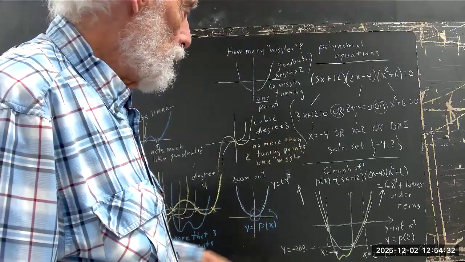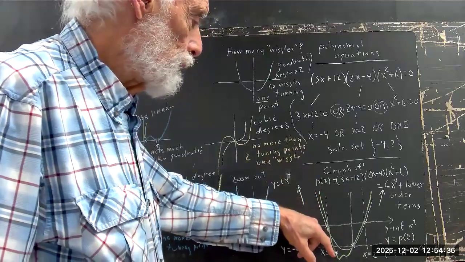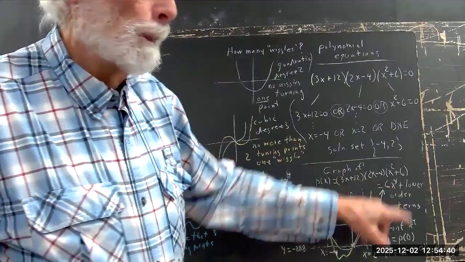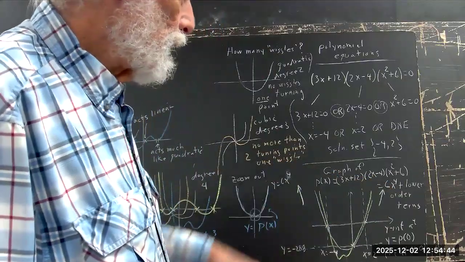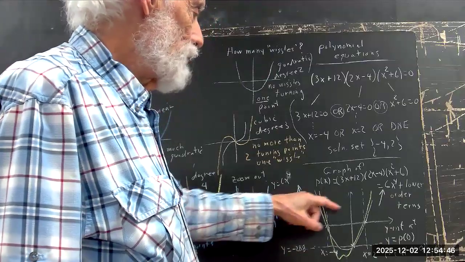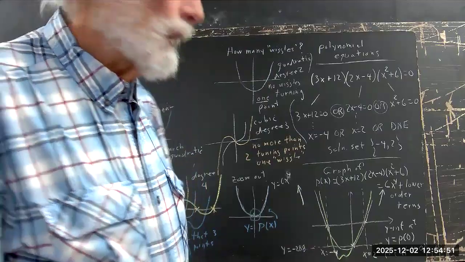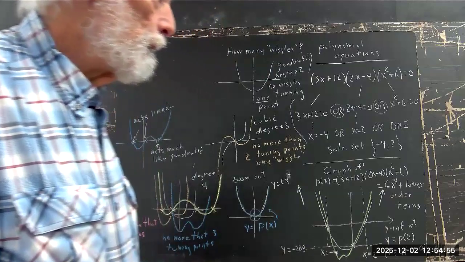So maybe the polynomial looks like the white one, or maybe the polynomial looks like the green one. It can have some wiggles in it because it's of degree 4. I'll talk about that in a minute. So these are both plausible graphs for the function. Okay, the white graph or the green graph. We don't know which it is.